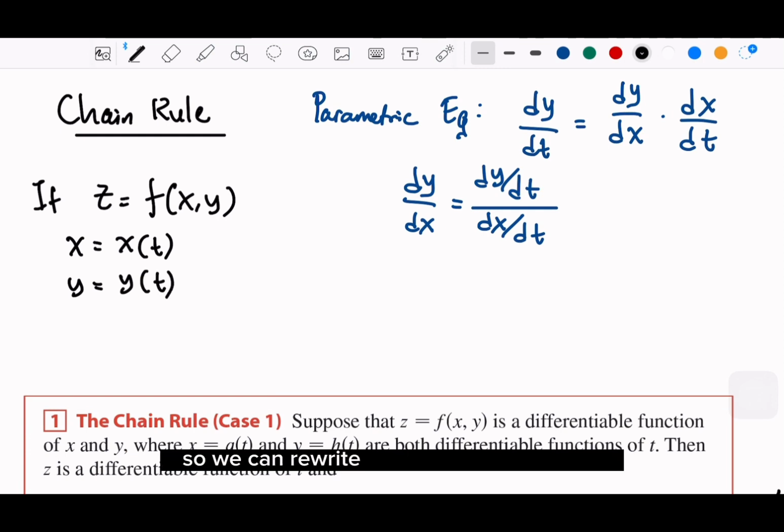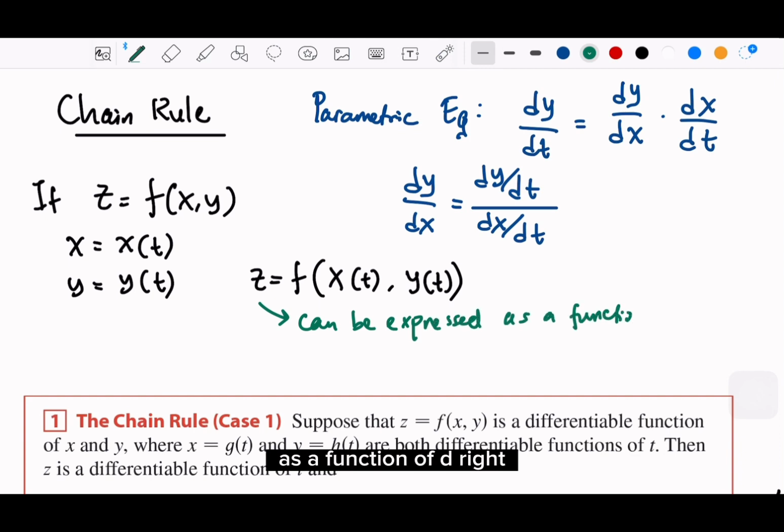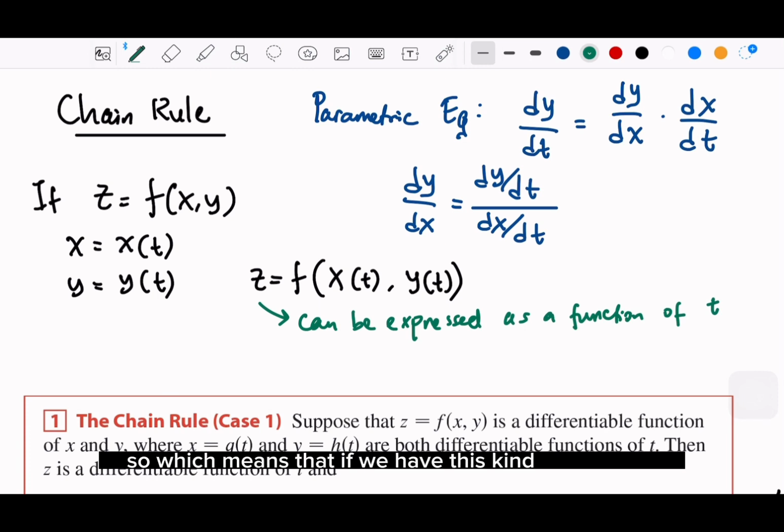So we can rewrite z in terms of x(t) and y(t). The implication is that z itself can be expressed as a function of a single variable t, so we can make the chain rule out of this z.